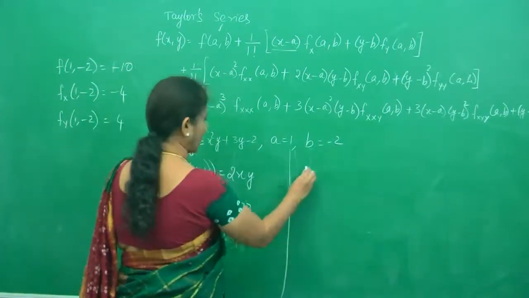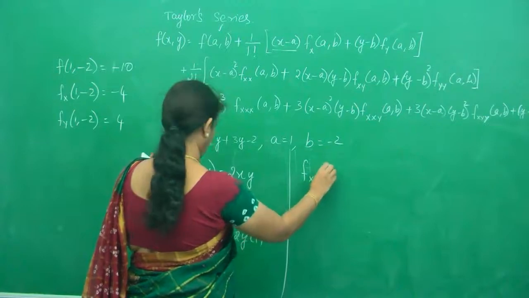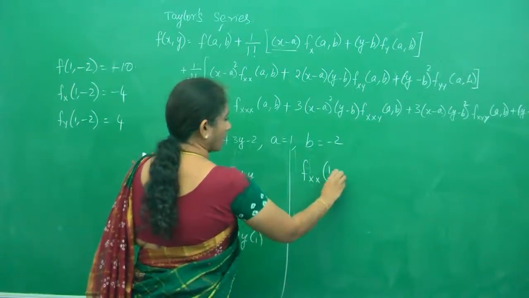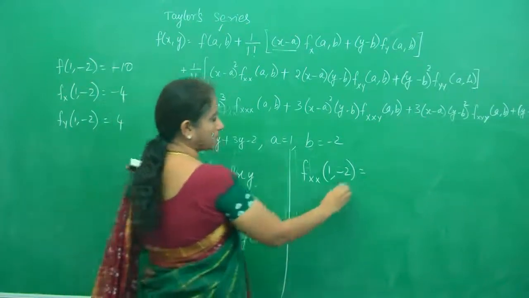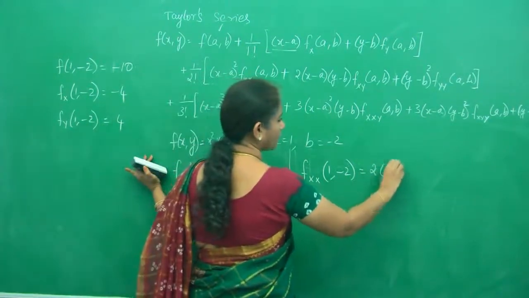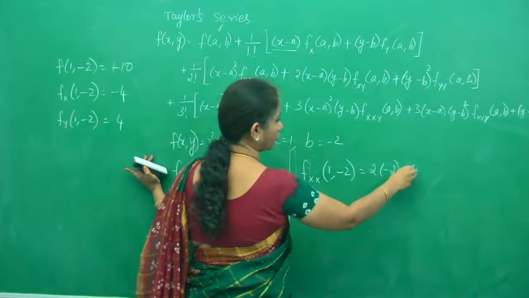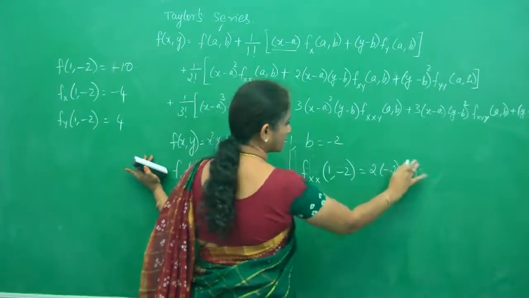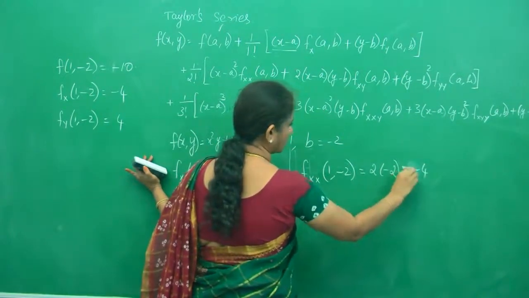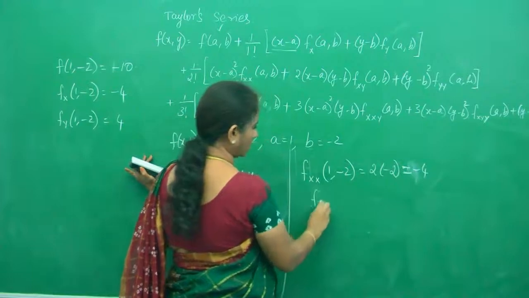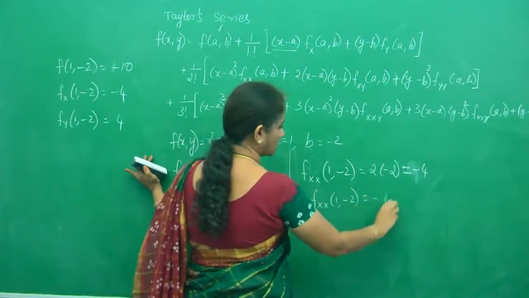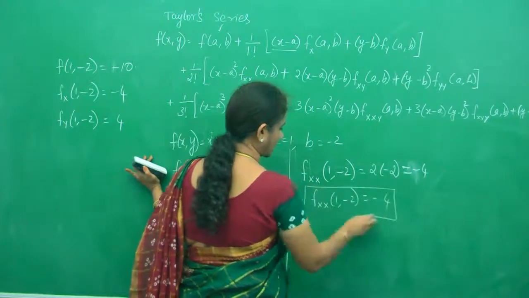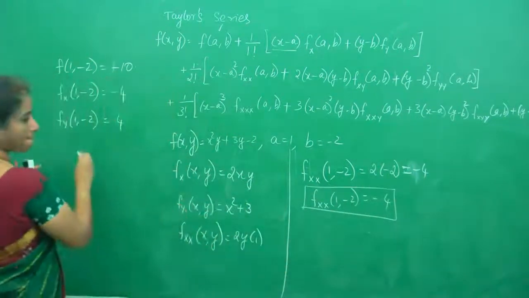Now I am supposed to calculate fxx of 1 comma negative 2. What is it equal to? 2 times negative 2, which is negative 4. Okay. Please write with some distance only, let it not mix with equal to. So fxx of 1 comma negative 2 is negative 4 and draw a rectangle, keep it ready.